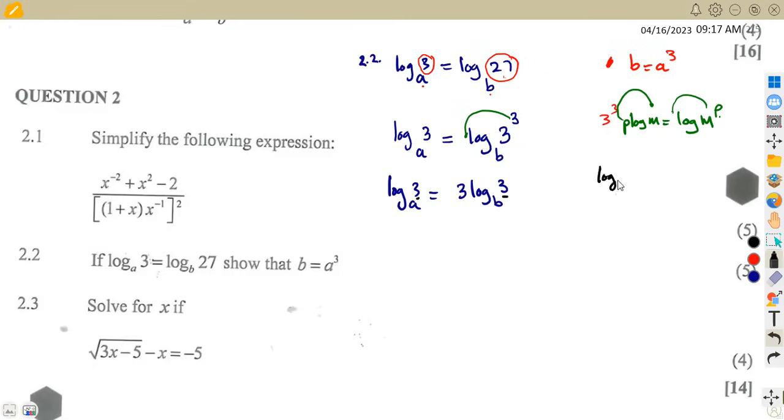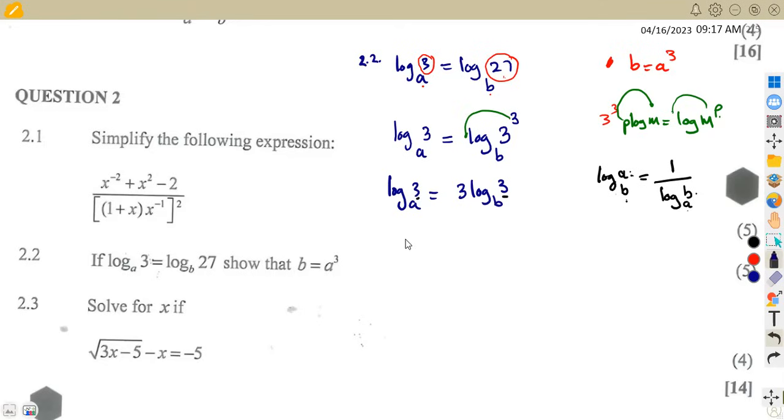The logarithm of a in base b can be given as 1 over the logarithm of b in base a. This allows us to interchange the number and the base. B was a base, it's now a number. A was a normal number, now it's a base. So the moment I introduce 1 over on this log, I can interchange.